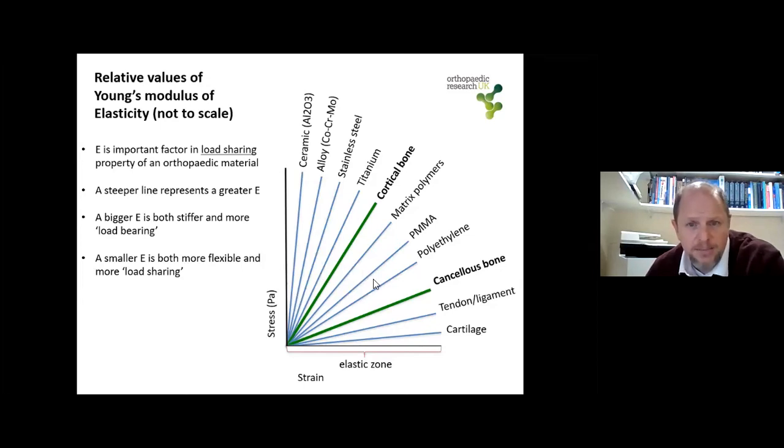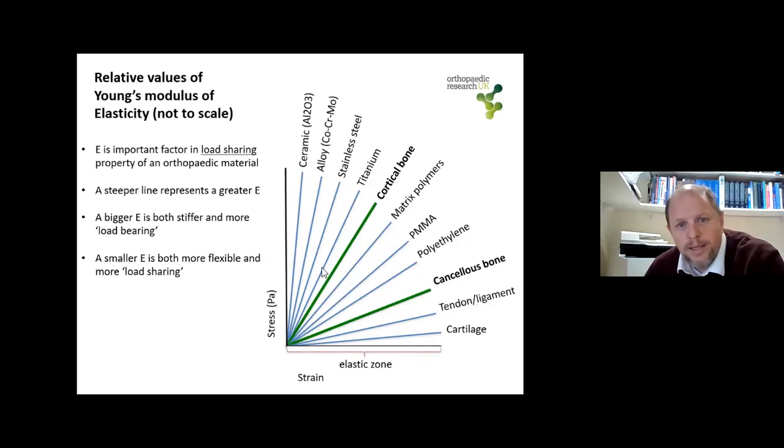That is the Young's modulus. And they're straight lines because, according to Hooke's law, the stress will be proportional to strain up until the elastic limit. And I've drawn them all for each case up to the elastic limit.